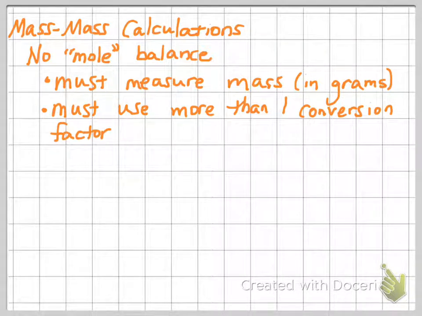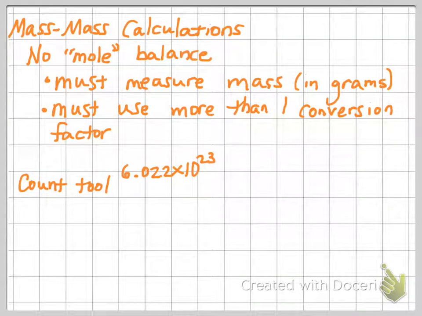Okay, so we're still using all of our same tools, right? We have our count tools, which we probably won't use a lot in this chapter. Remember, our generic one is 6.022 times 10 to the 23rd representative particles over 1 mole of substance.